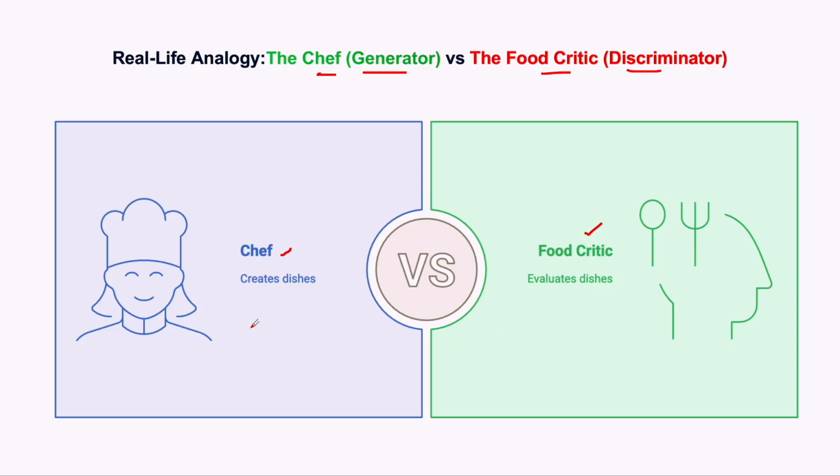Over time, the chef gets better at flavor, texture, and presentation. Also, the critic gets better at detecting whether this is from the real restaurant or not. Eventually, the chef is able to create a dish which is indistinguishable from the original dish from the restaurant. This is how GAN works. One is the generator, another one is the discriminator.